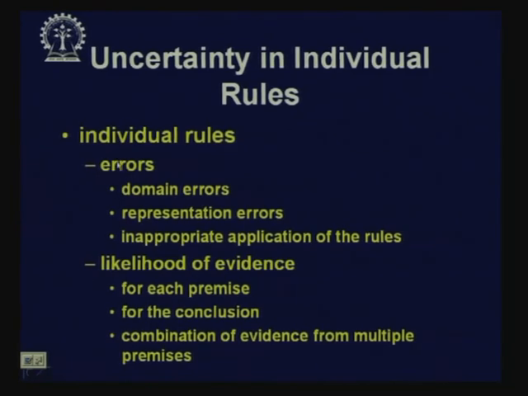There can be errors in the individual rules, there can be representation errors, inappropriate application of the rules. We have already seen the likelihood association of the evidence, just as we did in the case of certainty factors, where we had put in several certainty factors with a premise for the conclusion and the combination of evidence from multiple premises. All these examples we have already seen while discussing certainty factors.